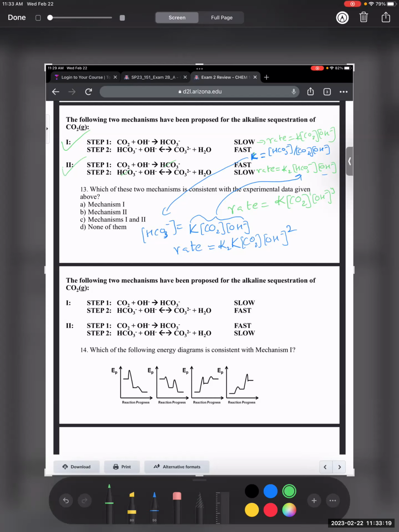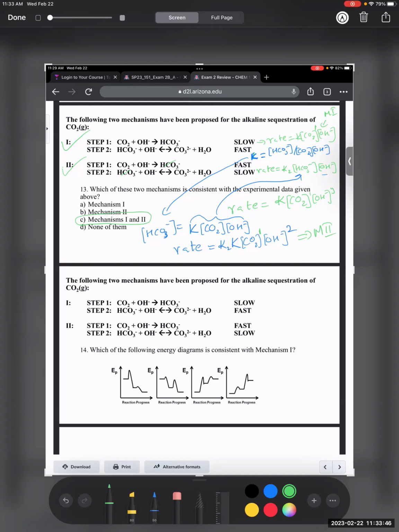I'm talking about this term over here from mechanism 1 or mechanism 2. And this one from mechanism 1 is still first order with respect to CO2. So both mechanisms are consistent with the experimental data given. So I would select option C.